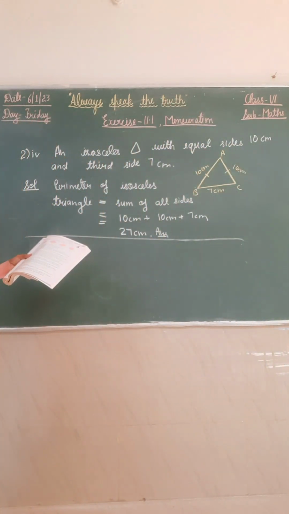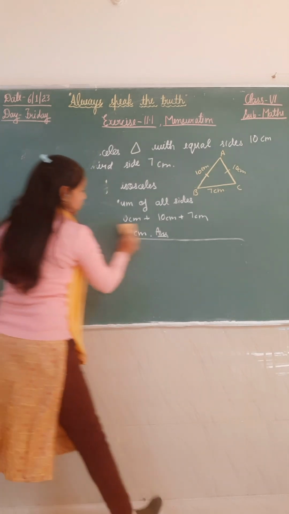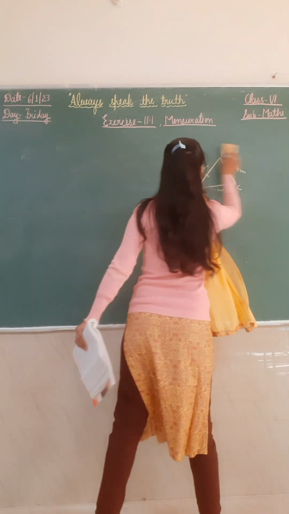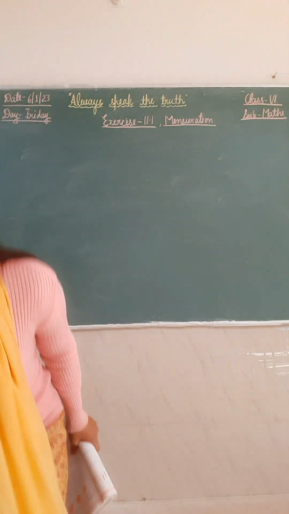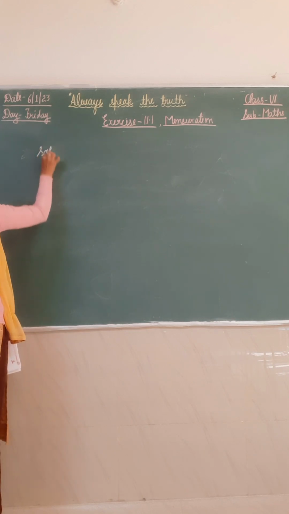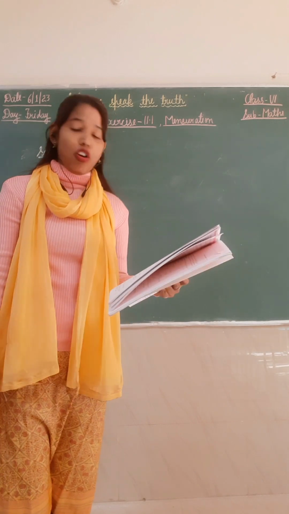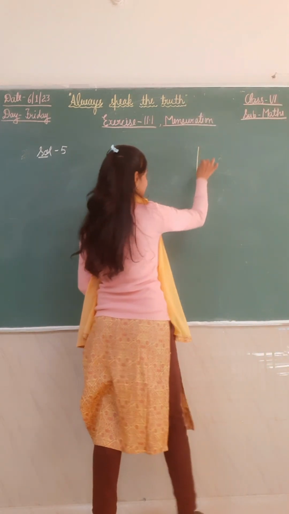So now I am going to write question number 5. Directly I am doing the solution. A rectangular piece of land. This is a rectangular piece of land.